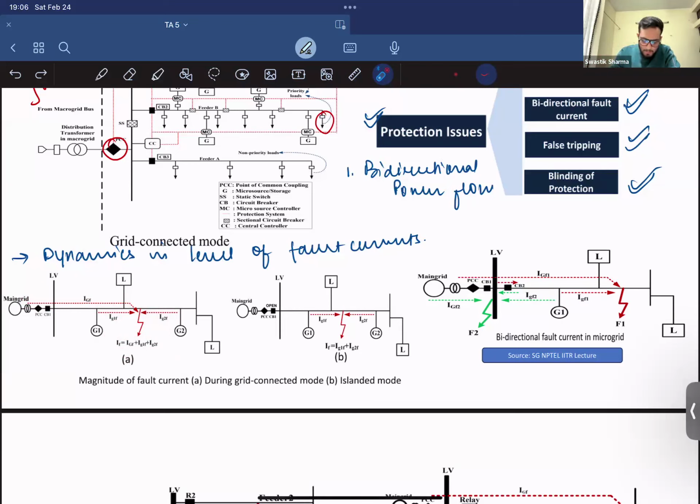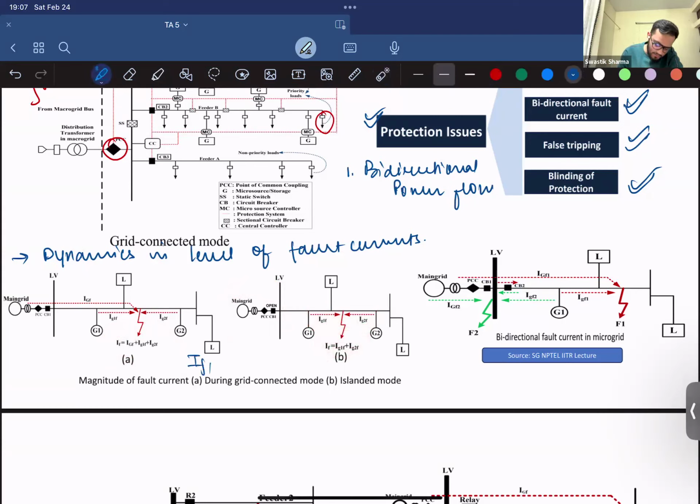But let's say the PCC is open and you have already designed your relays to calculate this fault current. Now, since the microgrid is disconnected from the main grid, you only have fault current coming from G1 and G2. And the magnitude of this current is less than the other current, right?